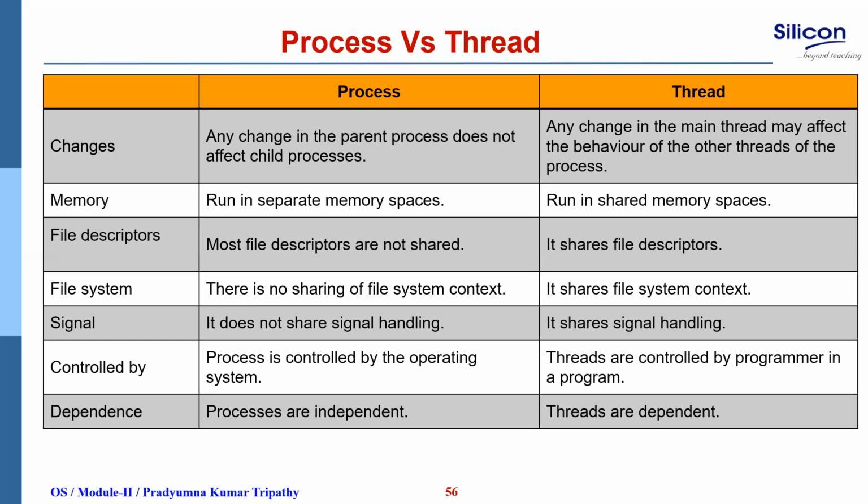Any changes in the parent process don't affect the child process because these are running independently. Processes are independent of each other, and they communicate through inter-process communication, but they are independent. But threads belong to the same process, so any change in the main thread may affect the behavior of the other threads of the process.